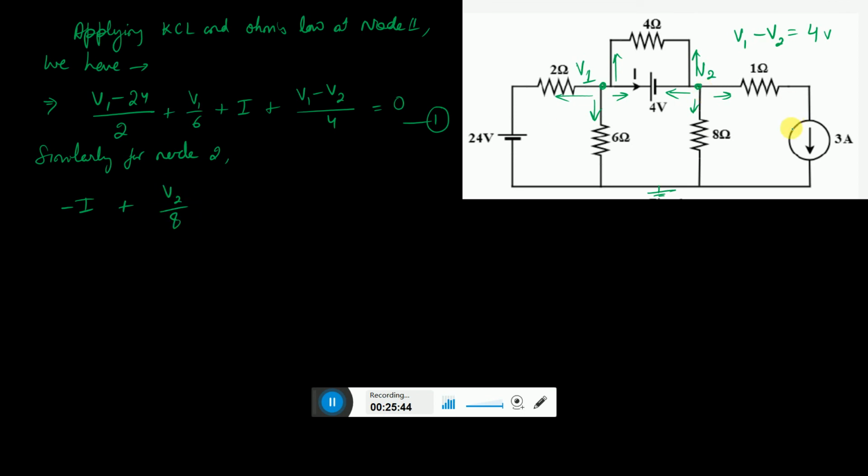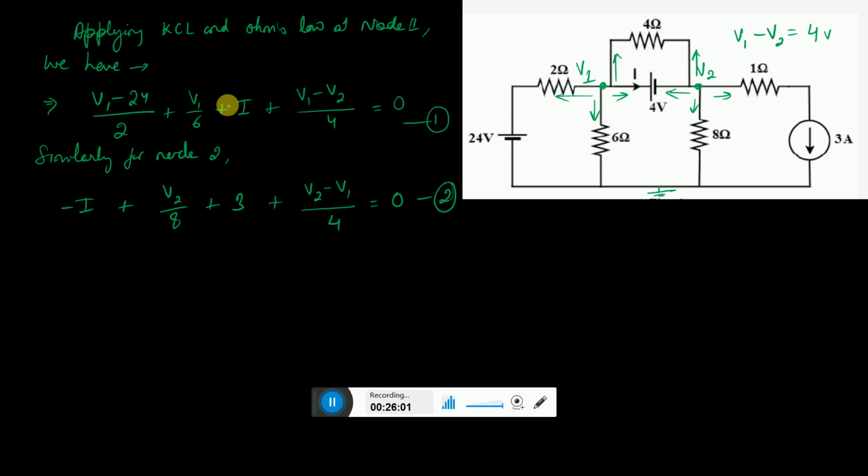Here, because the current source is there already, this current must be 3, so you have got 3. Then the current over this side will be V2 minus V1 by 4, equals 0. This is your second equation.